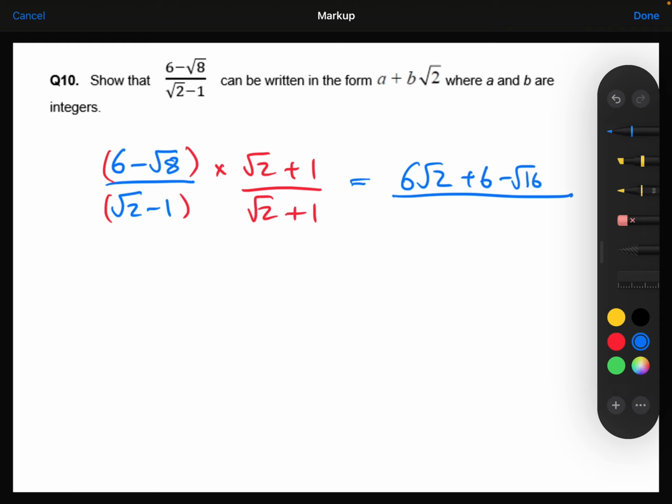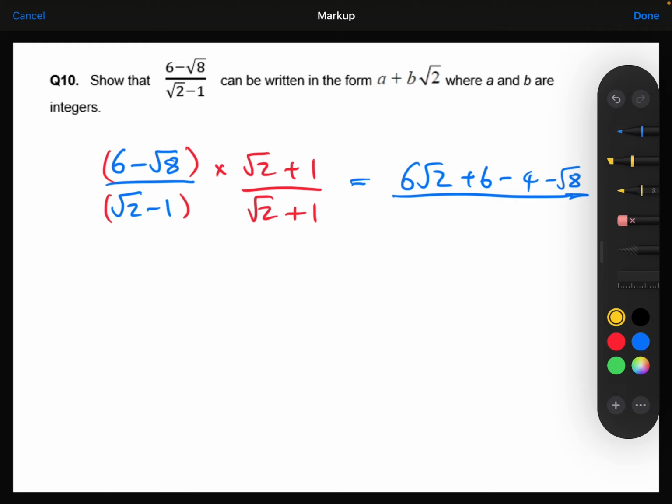Now, the square root of 16 is just 4, so I could replace that root 16 with 4. And then finally we've got the minus root 8 times 1, which is minus root 8.